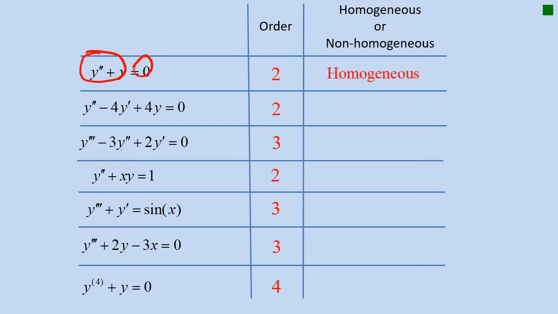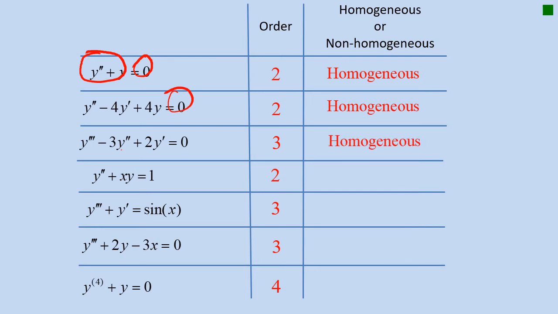Now that raises some interesting things, because one obvious solution here is y equals 0, because if y was 0, the second derivative would also be 0, and 0 would be equal to 0, so y equals 0, obviously always a solution. That's kind of where it gets its name, homogeneous. However, again, you can kind of tell on each of these it's homogeneous if it's equal to 0.